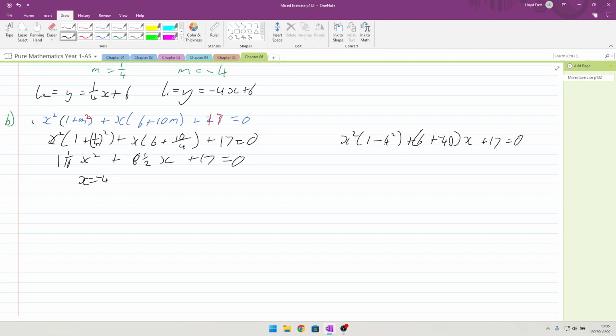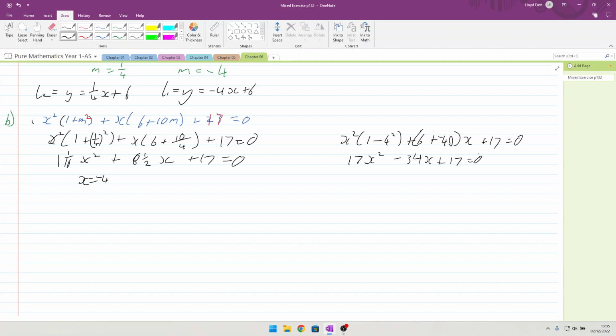So 16 plus 1, 17, 17x squared minus 40, plus the 6 is minus 34, plus the 17 equals 0.